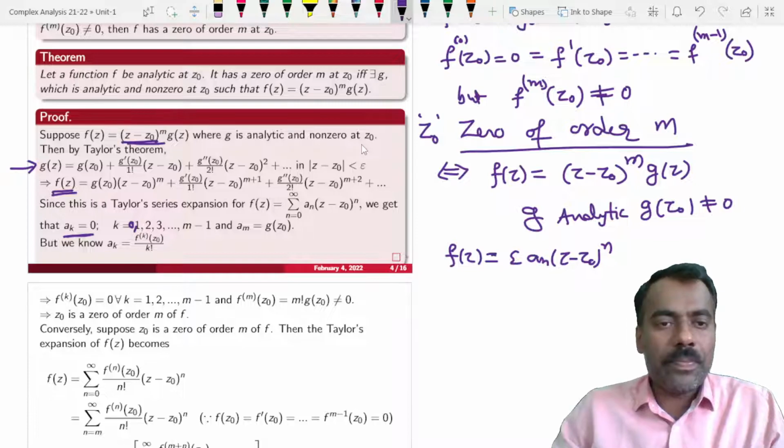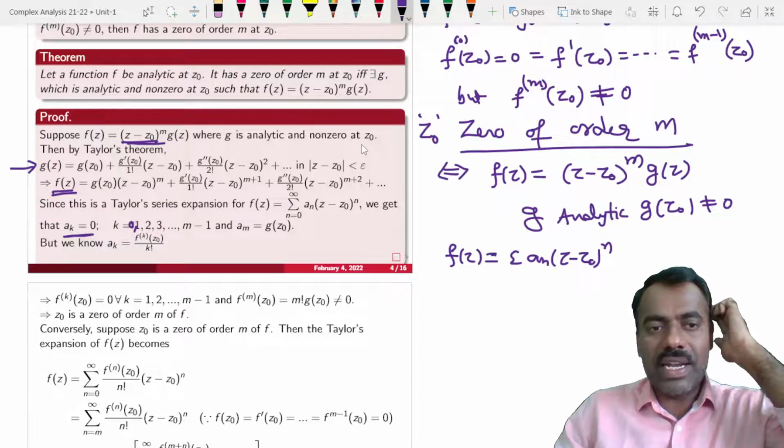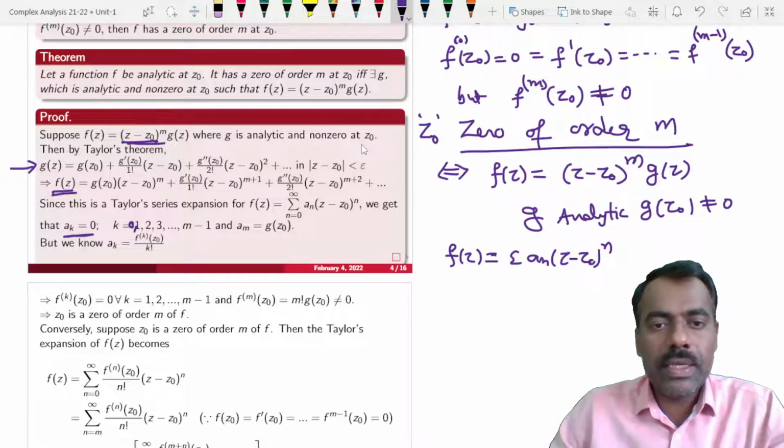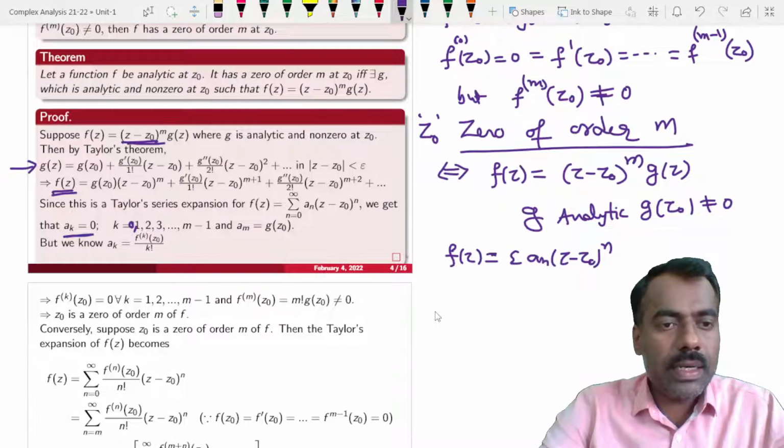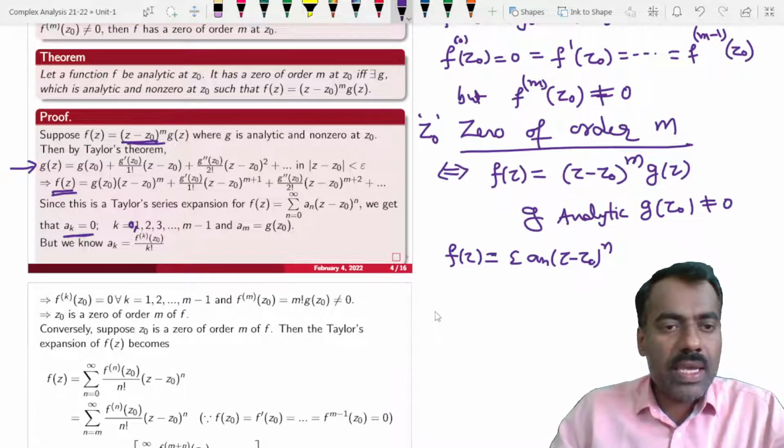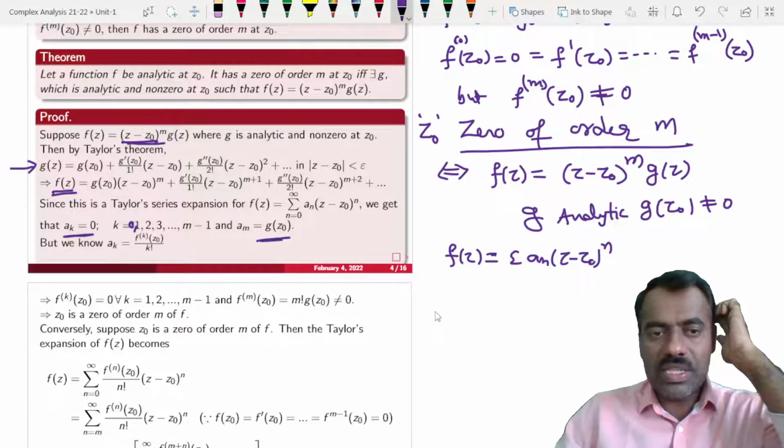And for a m, that is when k is equal to m, what you get here is g of z naught. So a k is equal to 0 for k below m, and a m is equal to g of z naught.